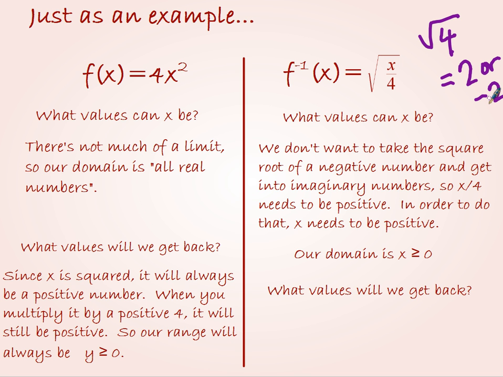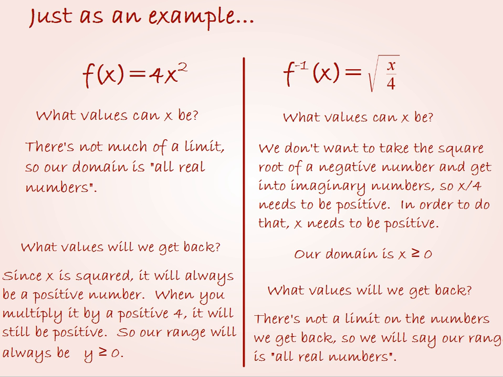So when I take the square root of a number, I can get positive or negative answers. So in that case, knowing that this square root could give me a positive answer or a negative answer, what can I say my y values will be? It's pretty much going to be anything, right? There's not really a limit on the numbers I can get as outputs of this equation. So I'm going to say my range is all real numbers.